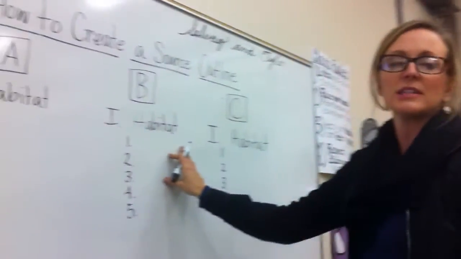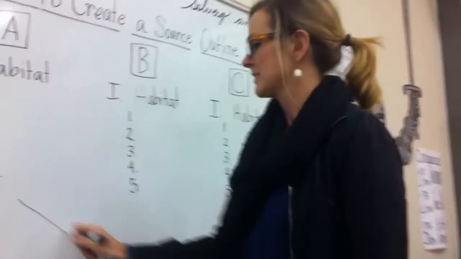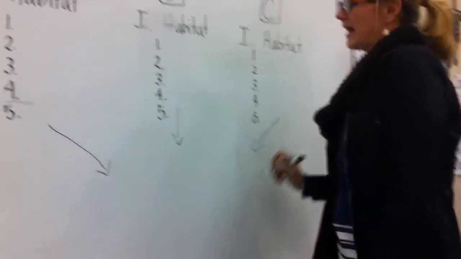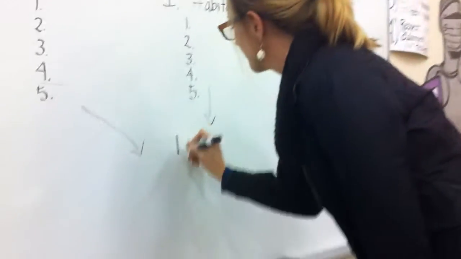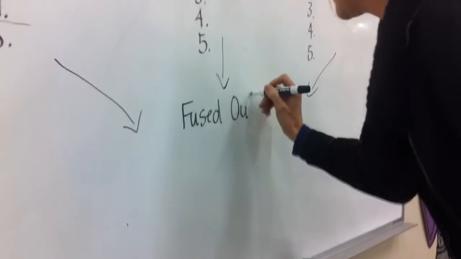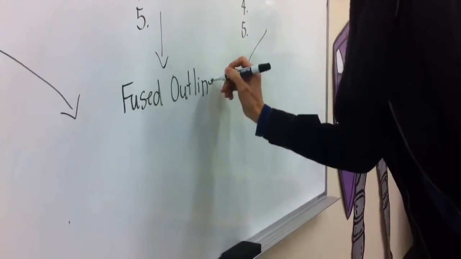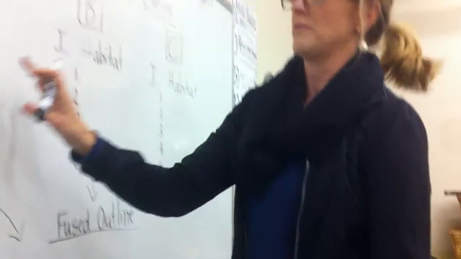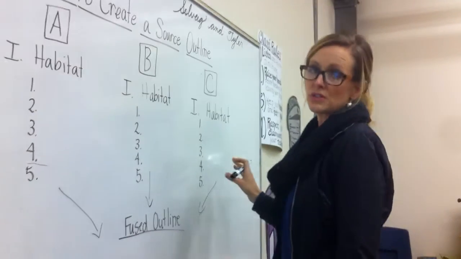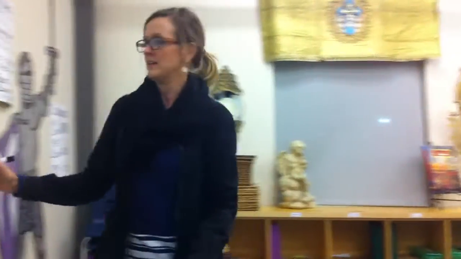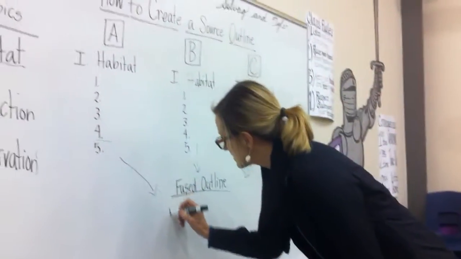What this ultimately becomes is a fused outline, okay? Where you have now taken the most interesting or most important facts from each one of your sources, and now you have put them into one keyword outline.